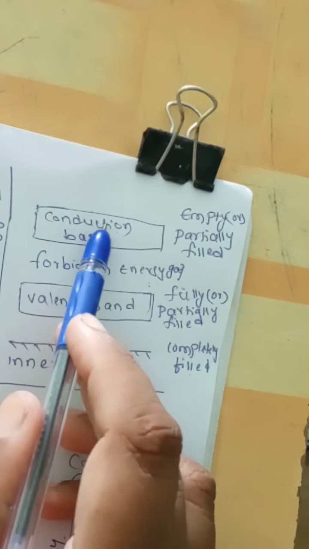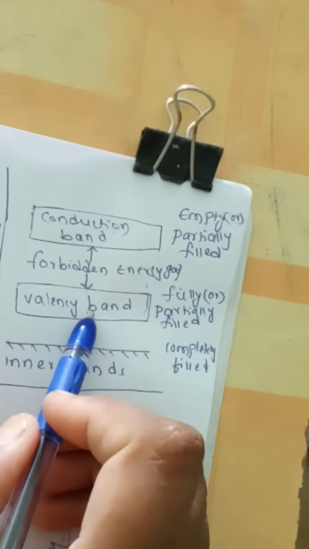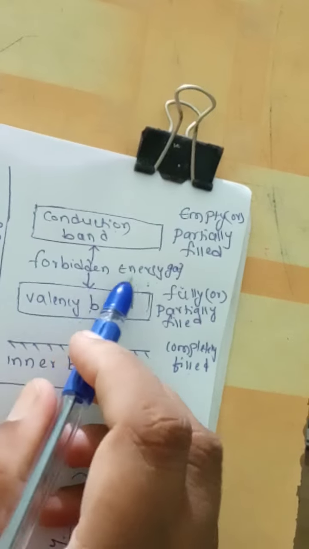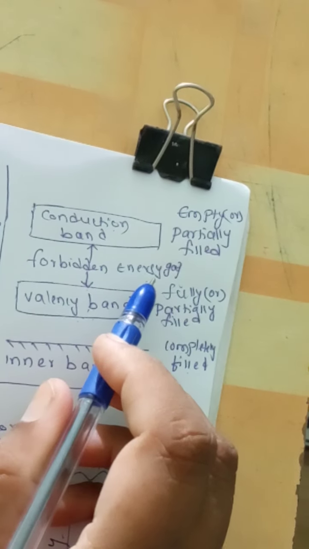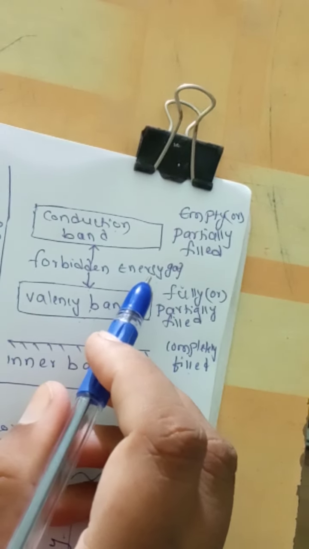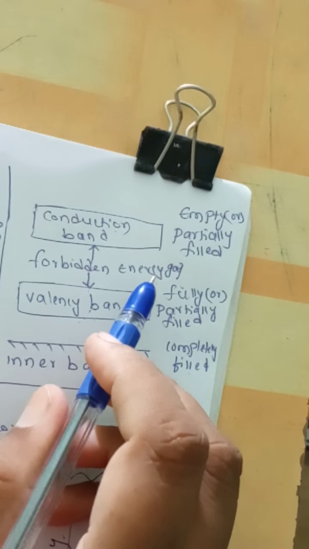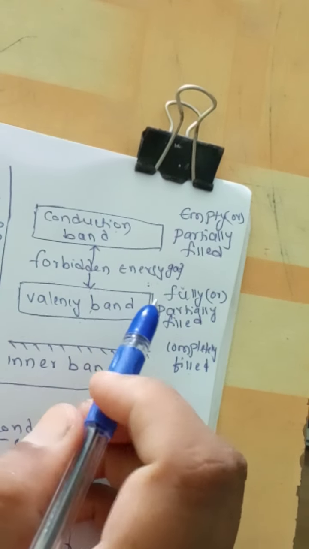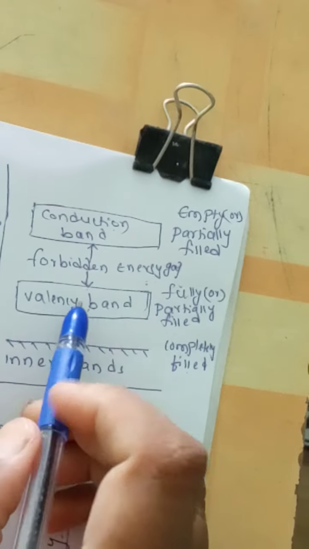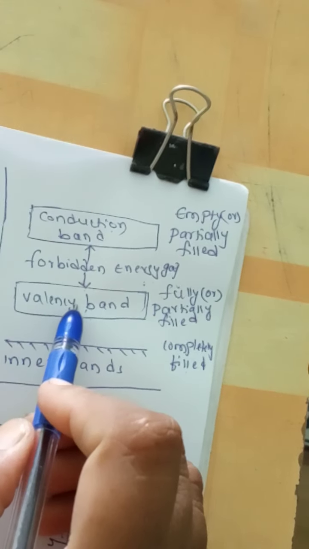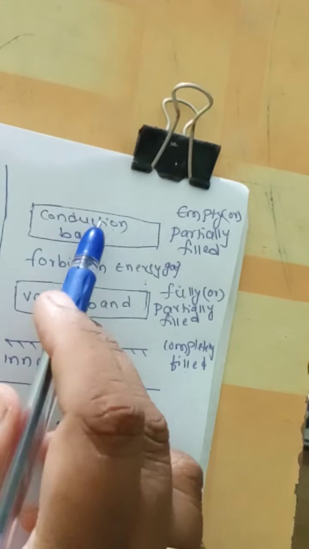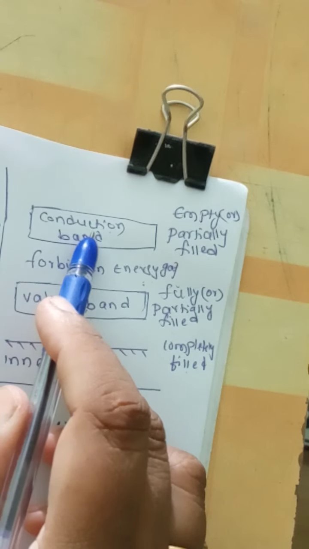And the separation between conduction band and valency band, we call it the forbidden energy gap. Now this forbidden energy gap does not have any allowed energy levels. So once an electron starts from valency band, it directly jumps into the conduction band.